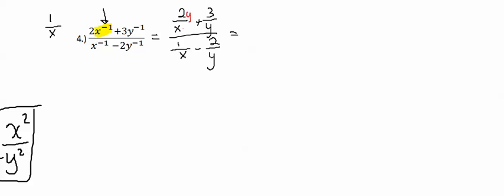So I'm going to add a y to the first fraction and an x to the second. The same actually happens in the denominator. The common denominator is xy. So I add a y here and a y there, and an x here and an x there.